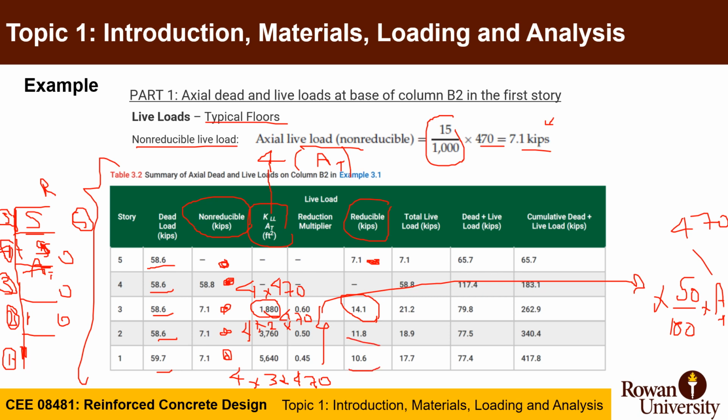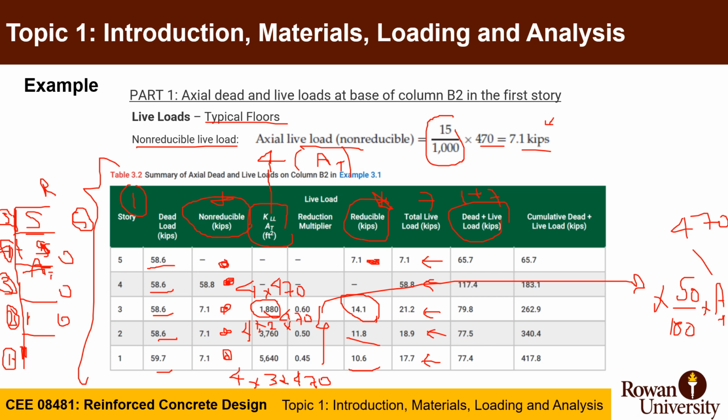If you add the reduced to non-reduced, you can get the live loads. And if you add dead load to live load, for column 1, 2, 3, 4, 5, 6, 7, this gives you the total dead plus live.